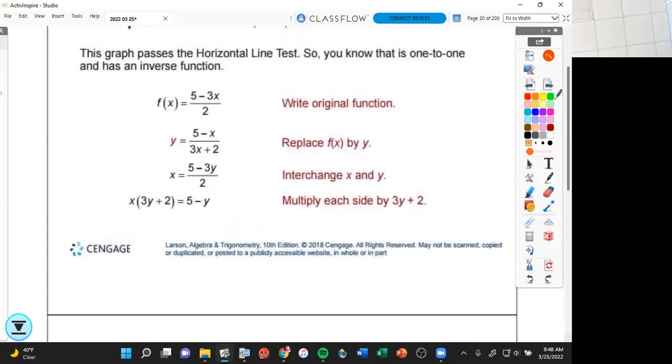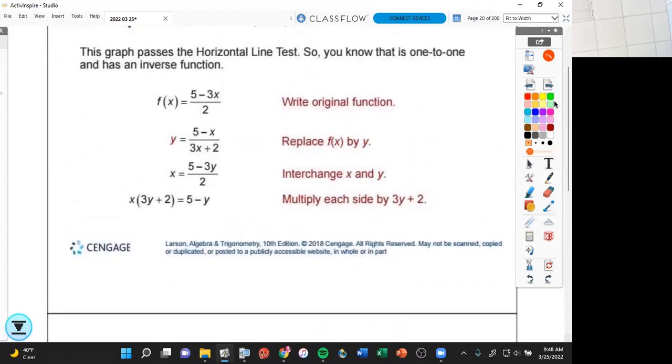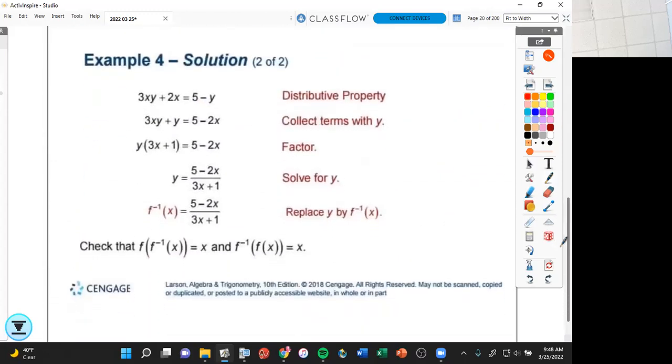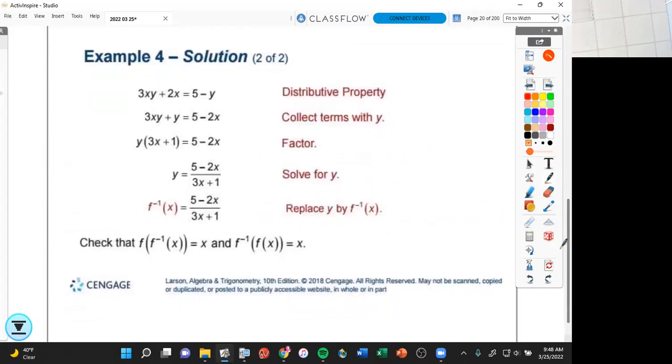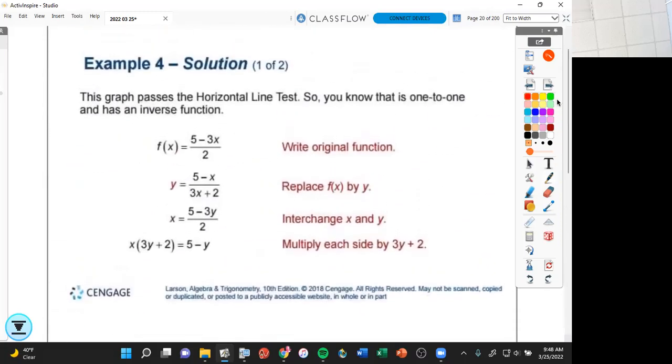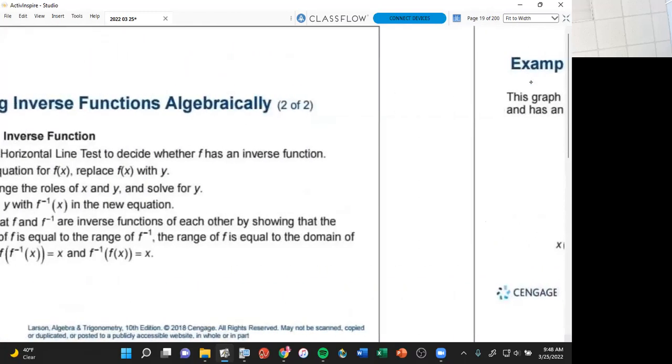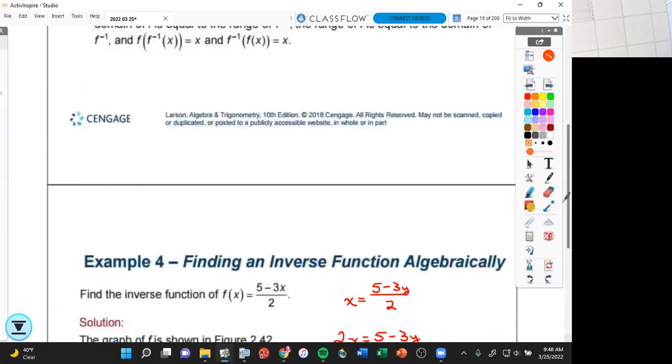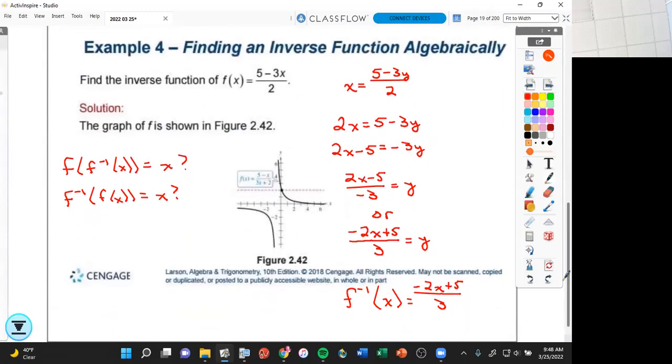Is it a different problem or the same problem? It's the same problem. Actually, no. They did something different. Yeah. They added. They somehow made it x minus 1.